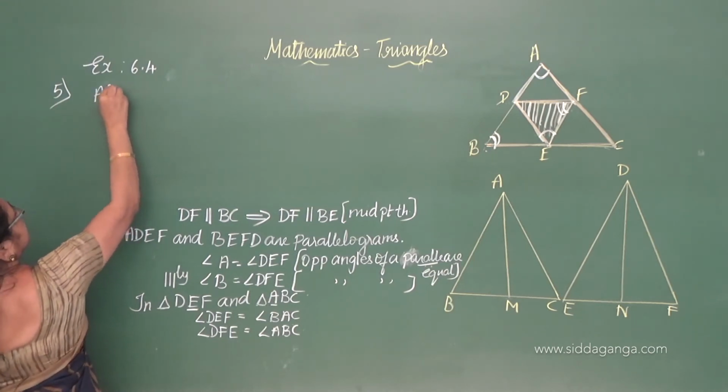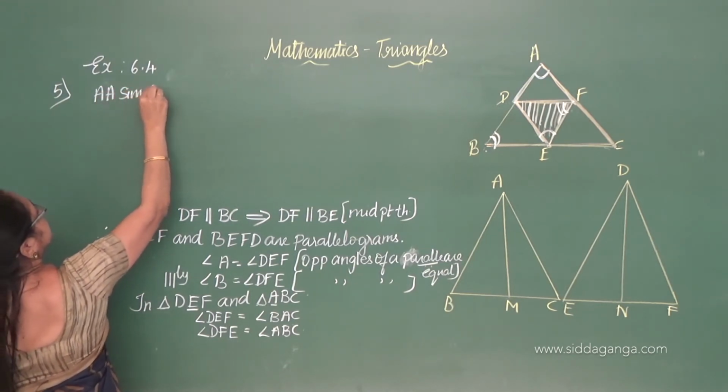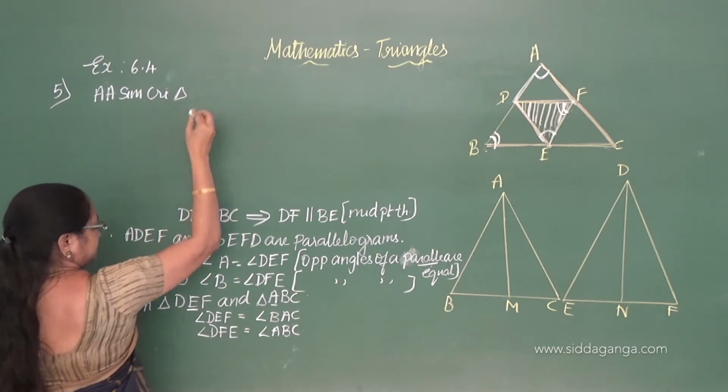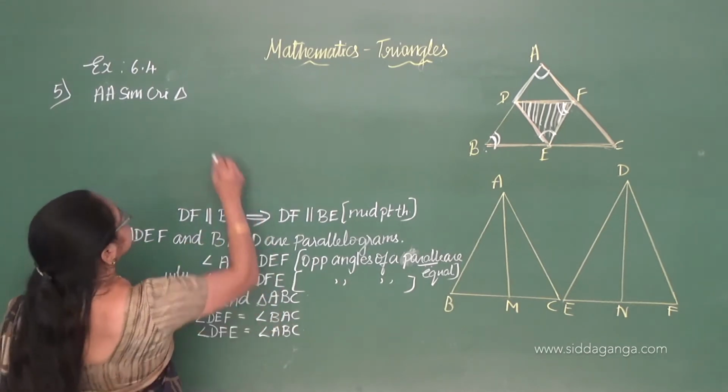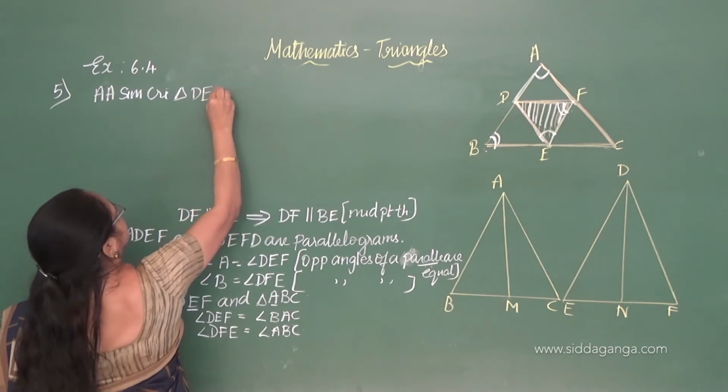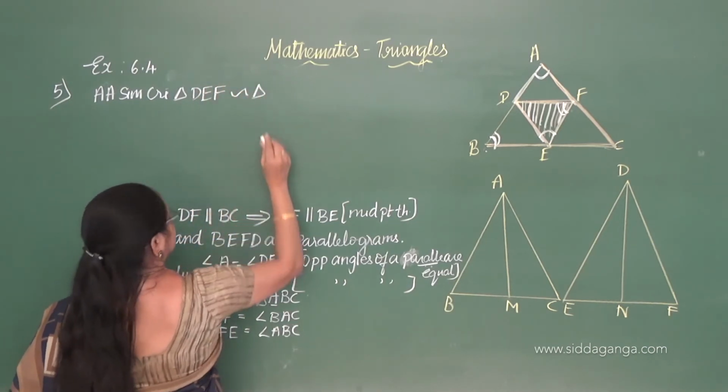By AA similarity criteria, triangle DEF is similar to triangle.